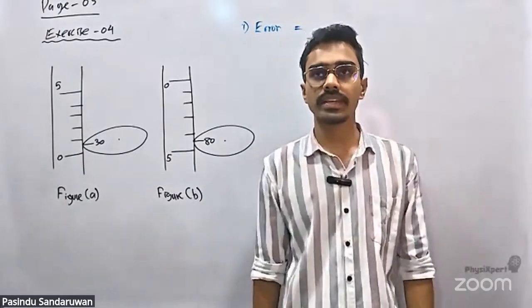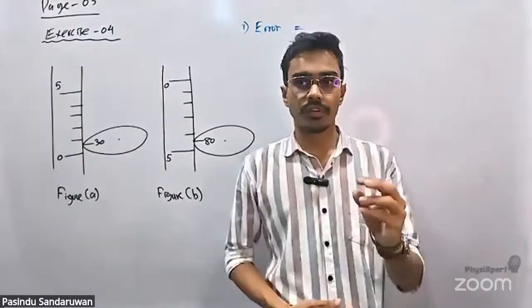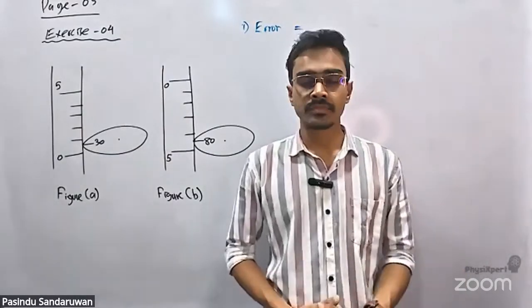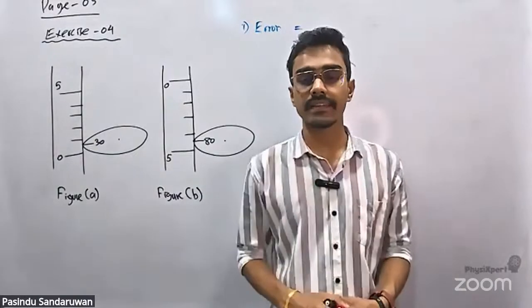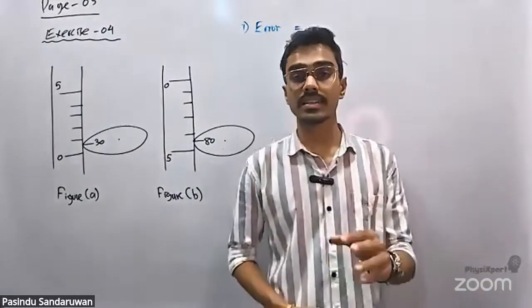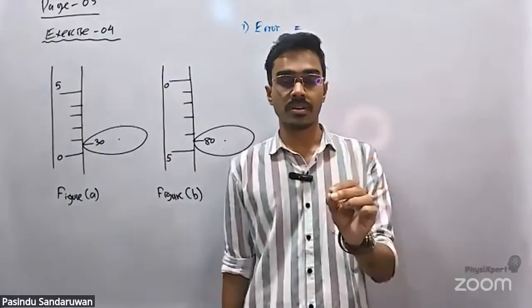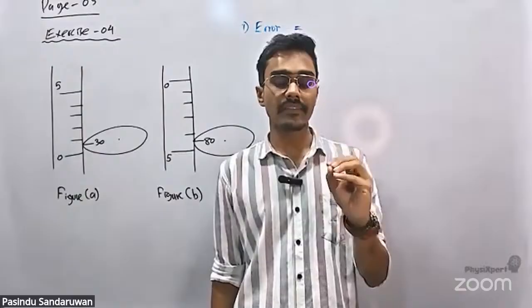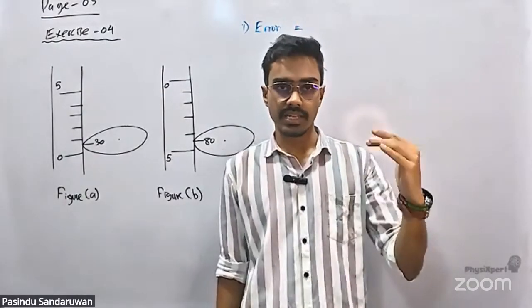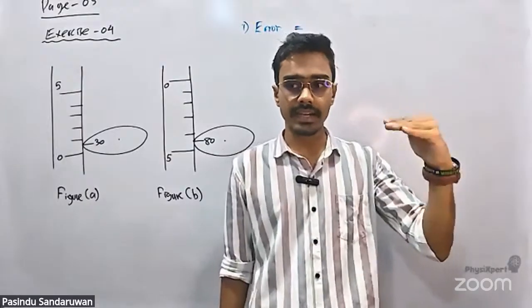In the spherometer, unless we know the reading we are going to take from the instrument, we can't say whether it's a negative error or a positive error, right? So unlike other instruments, in the spherometer we can't say it unless we have an idea about the reading we are going to take. The reason is the spherometer has a center zero.